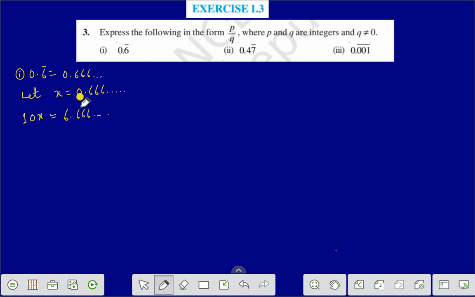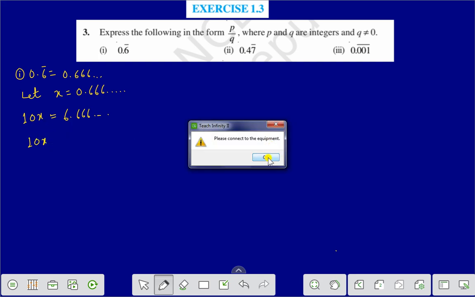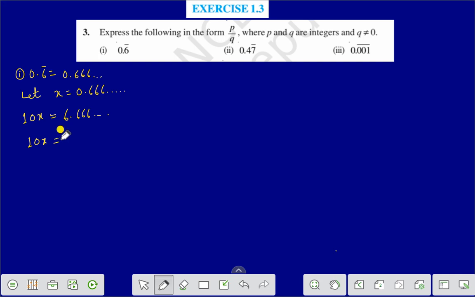Or you can write it here as 10x is equal to 6 plus 0.666 dot dot dot.